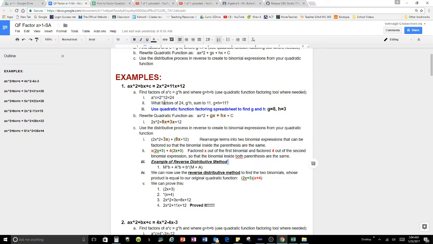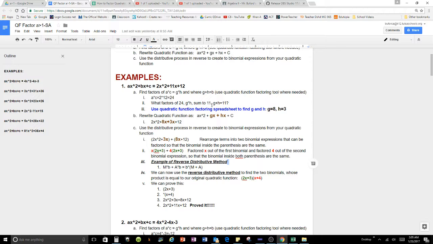And therefore, we need to find factors of 24 which are equal to the product of G and H, and that same G and H, the sum of G and H, has to equal 11, because 11 is the value of B. Okay?